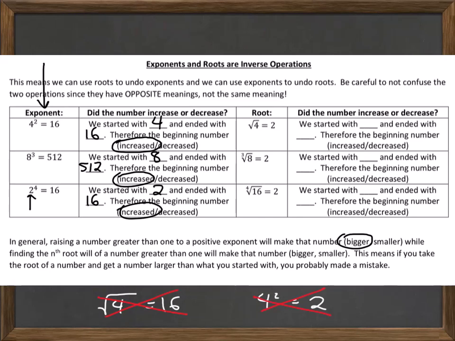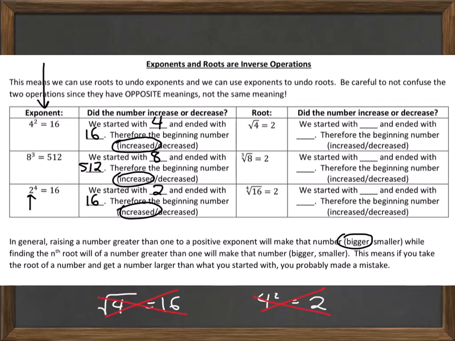So in this course, exponents are going to be making numbers larger. Again, that's not always true if your base is less than 1 or if you have a negative exponent, but we're not going to deal with that right now. That's far beyond what we want to do. So if we have a base larger than 1, we have a positive exponent, exponents are making things bigger.